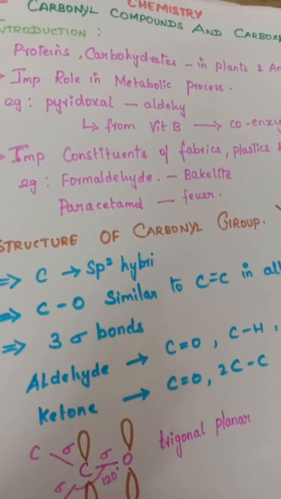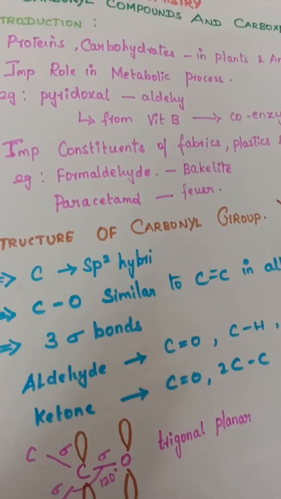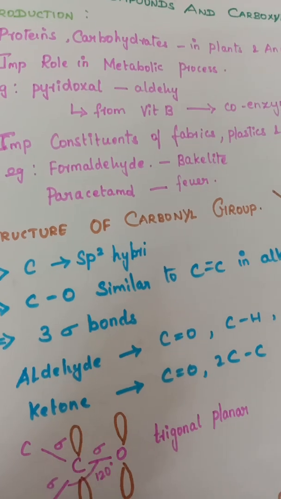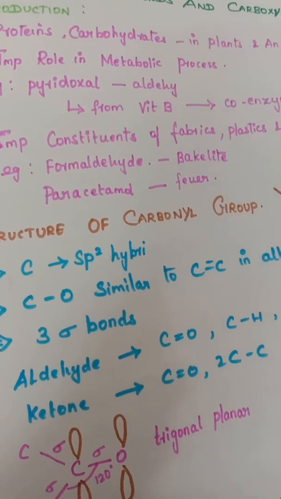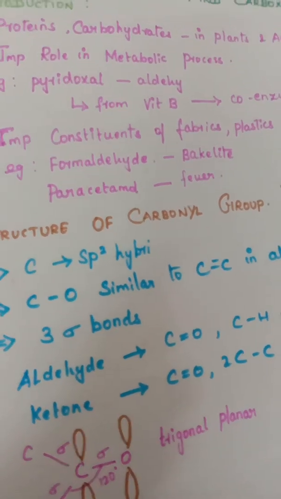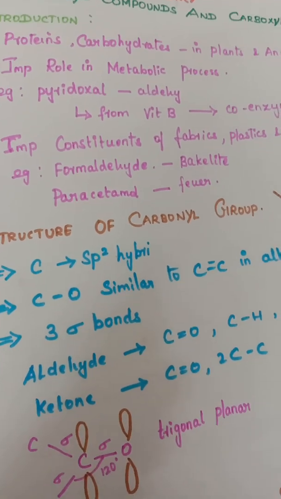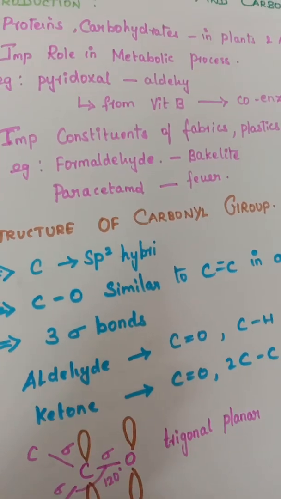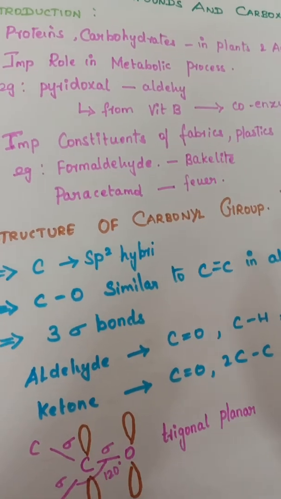It is present in plants and animals. The proteins and carbohydrates that we take in, present in plants and animals, are rich in the carbonyl group. So this is the important source of the carbonyl group.